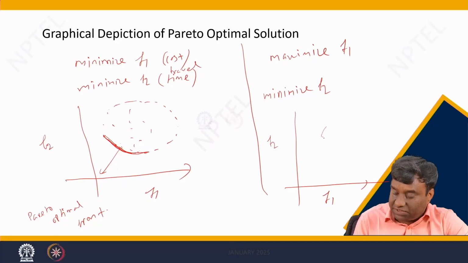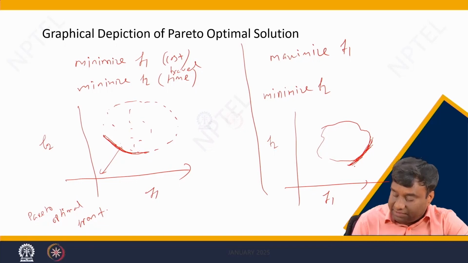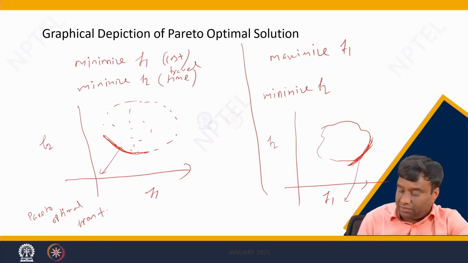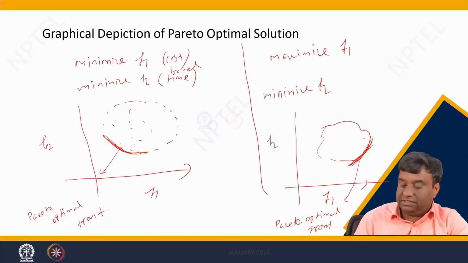If the solution space is like that, then the Pareto optimal front lies here, in this region.